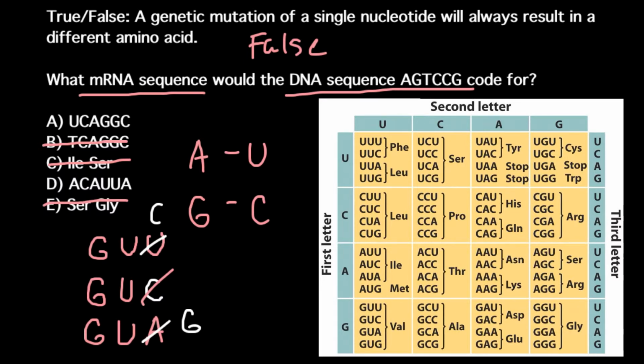So here adenine pairs with uracil, guanine with cytosine, thymine with adenine, cytosine with guanine, another cytosine with guanine, and guanine with cytosine. So this would be our answer.